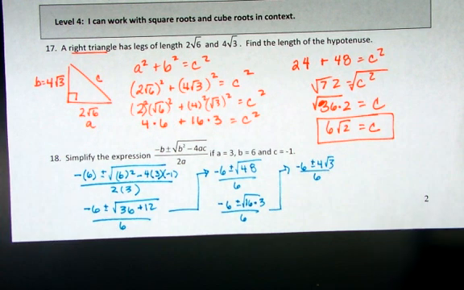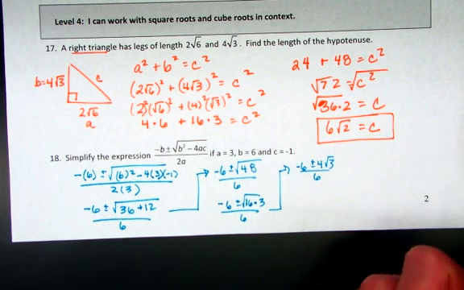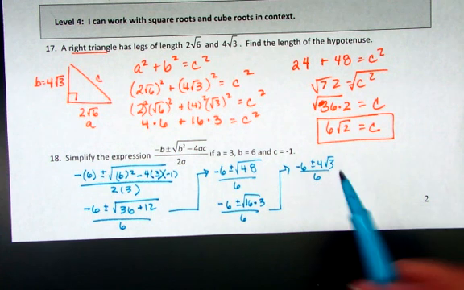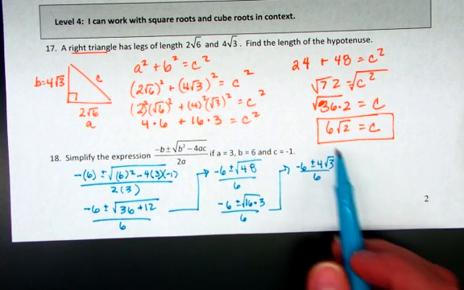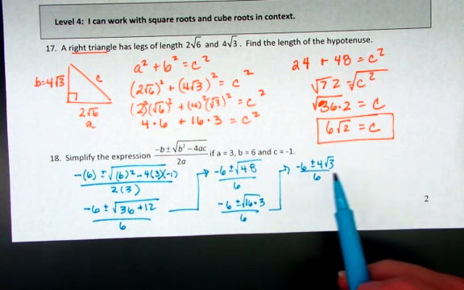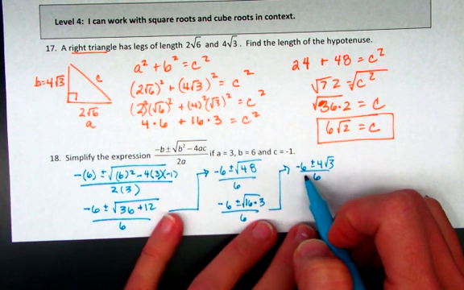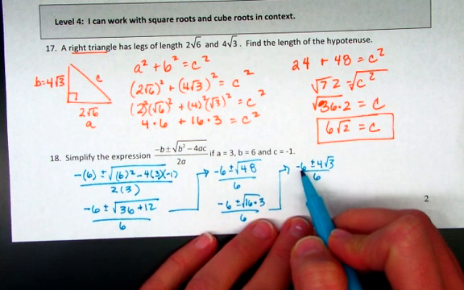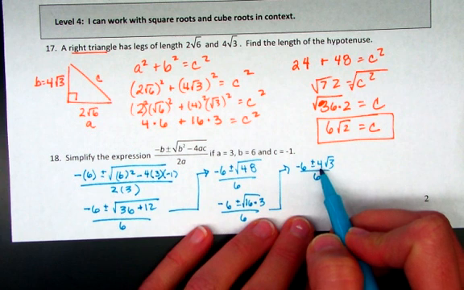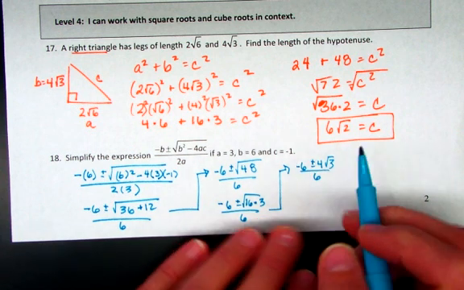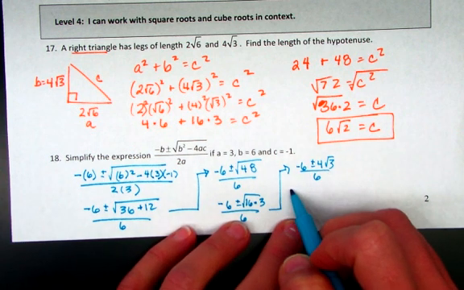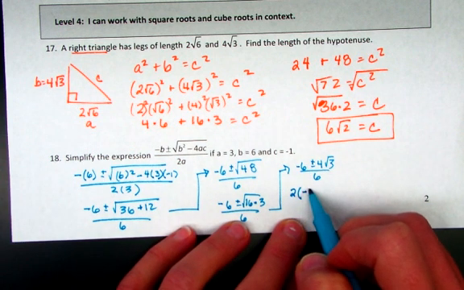Now, a lot of people want to cancel the 6's out, and that's unfortunate because we have a binomial on top. So we can reduce this, but you can only factor numbers out if there's a product. So if you take a look, 6 and 4, they're both divisible by 2. So I can factor out a 2, and I get -3.